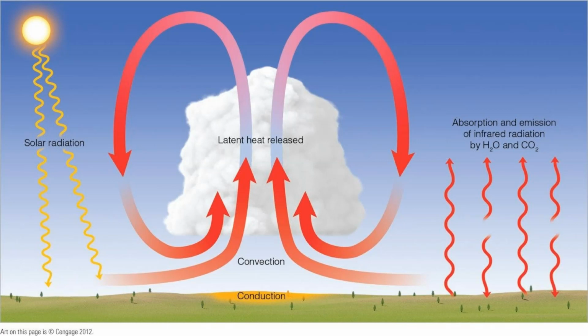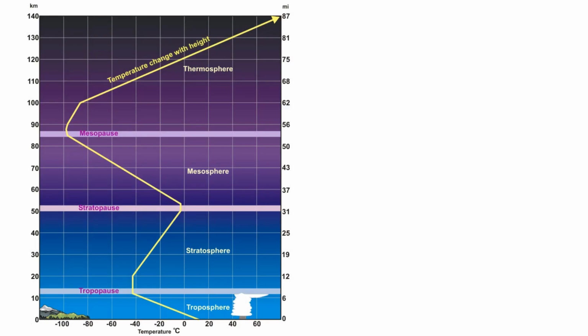Okay, so energy is always going to go from higher energy levels to lower energy levels. That's just how energy transfers. And so what we're going to be looking at here coming up very soon is how objects heat differently, specifically objects on the Earth's surface.